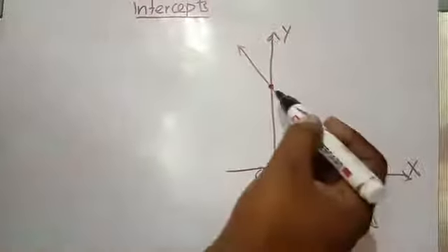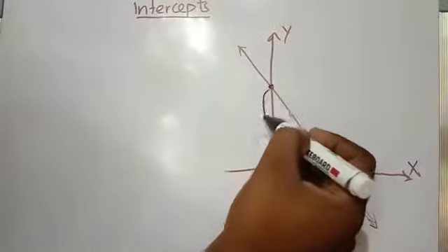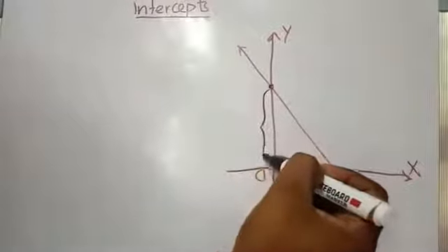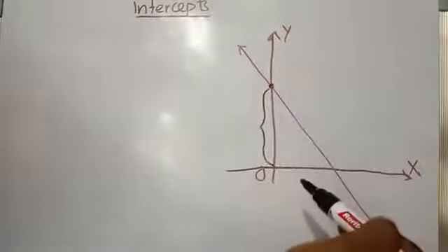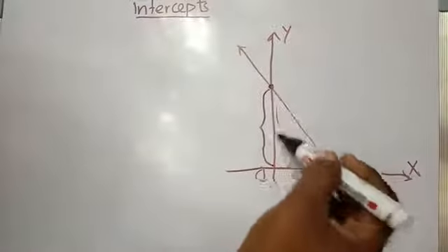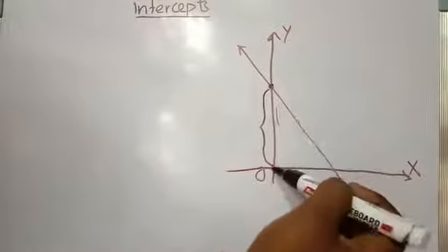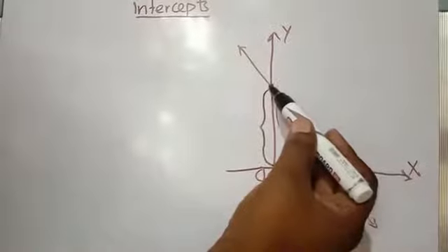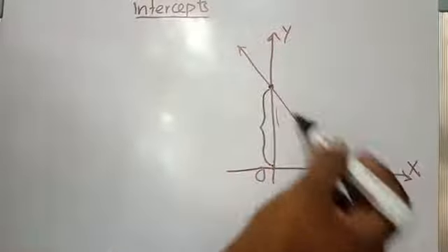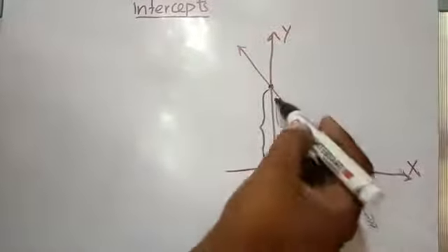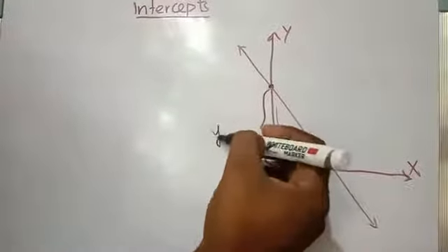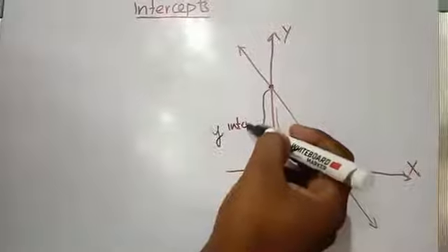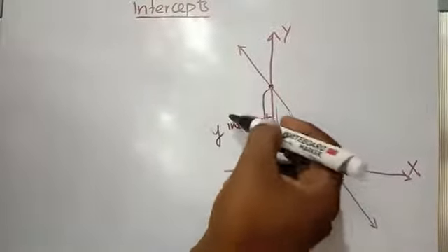So a distance is formed from origin to that point. What is this distance? It's the distance from origin to a point on y-axis formed by the intersection of straight line. This distance on y-axis is called Y-intercept that we discussed already.